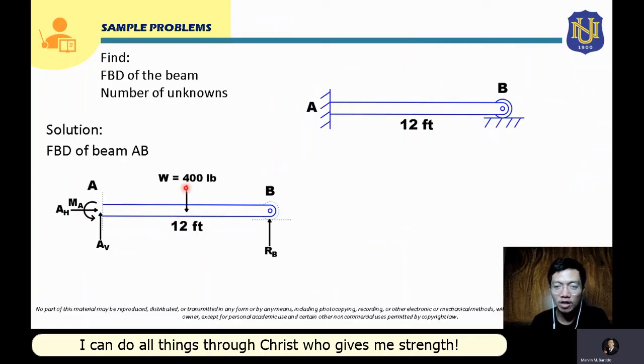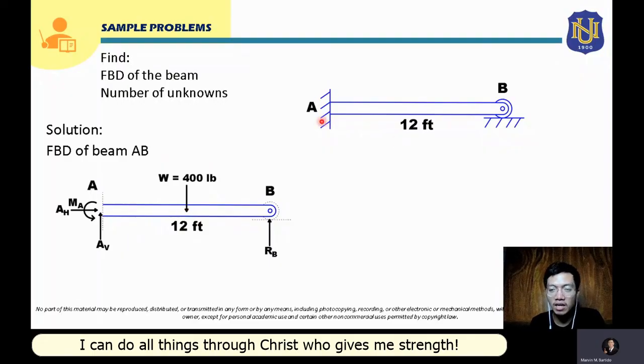Also, in our step 2, we have to apply the applied load, which is the weight of this beam. This is 400 pound and it is applied here at the center of gravity of this beam, so it will be somewhere here.